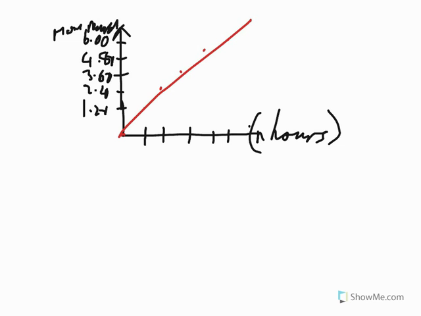Okay, so with our direct variation, when you look at our two variables there, when those two things are directly related to each other we get a straight line graph. So, in this case, money raised is proportional to the number of hours. It's a direct variation.